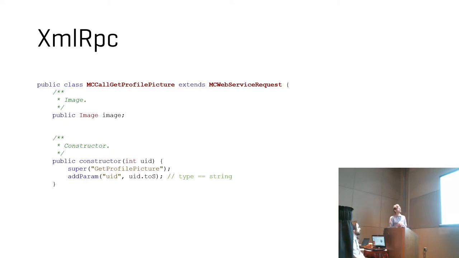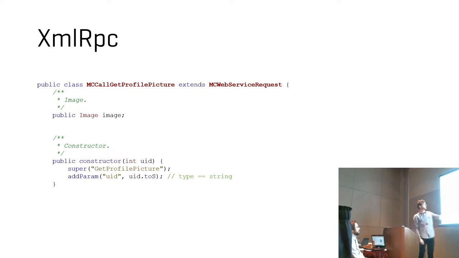This is just showing a little bit about how XML RPC can look. This is a class where we get the profile picture for a little my configurer icon in CET. So it's some kind of web service request, and what it needs is the user ID, I believe, and we declare a method name. This is the method or procedure on the server that we want to call.